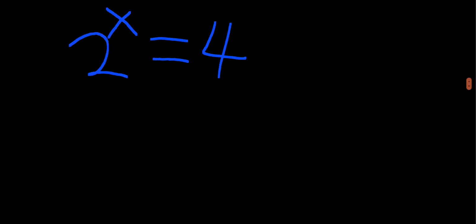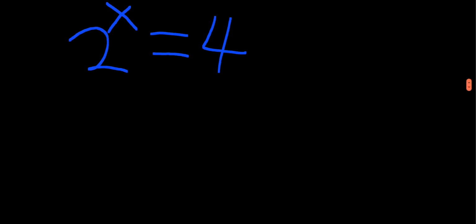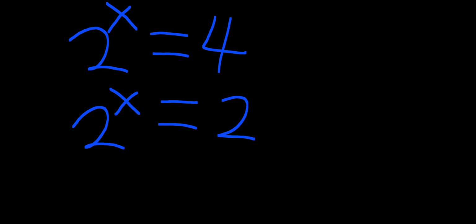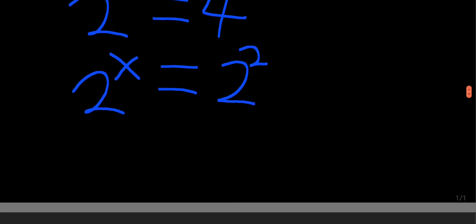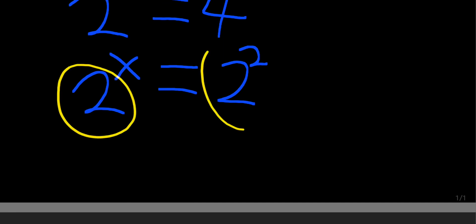So let's do that. It means that my equation will now become 2 exponent x is equal to 2 exponent 2. Looking at this example carefully, we realize that the bases are now the same.